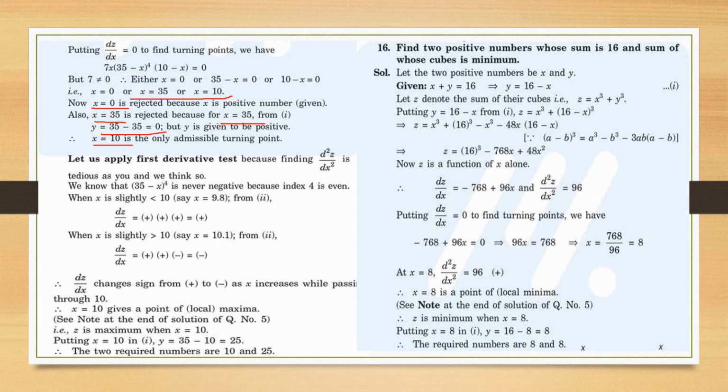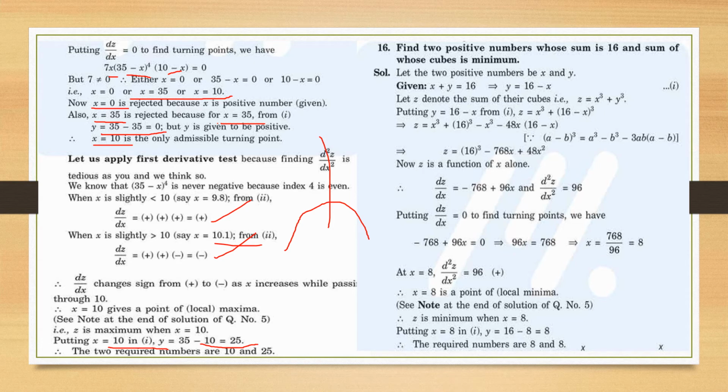First derivative test, let us do it by this method: for x less than 10, dz/dx is positive, and for x greater than 10, like 10.1, it's negative. So from positive to negative it is the point of maximum, and at x equal to 10, y will be 25.